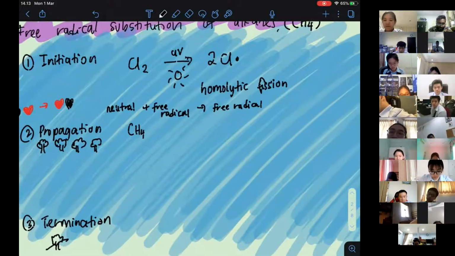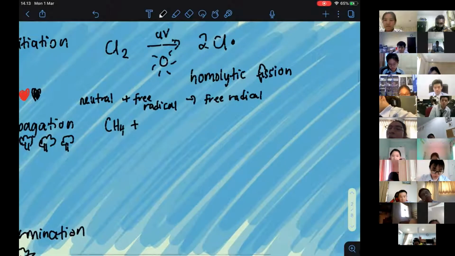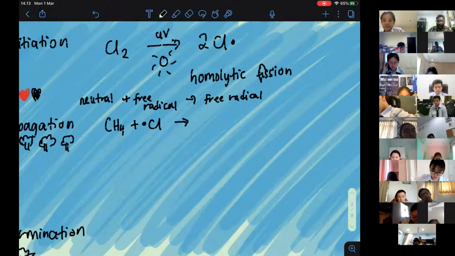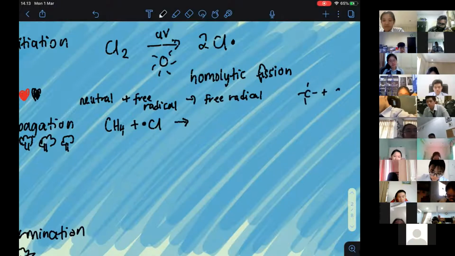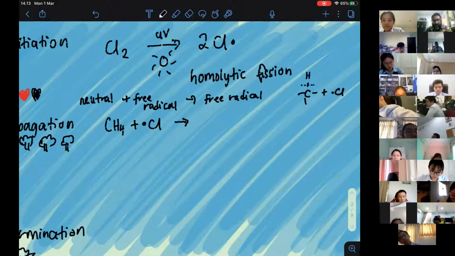You see the neutral over here is CH4. What is the free radical over here? It will react with the Cl dot. I just use Cl dot, so that is going to be the free radical. What will happen? If you have CH4 and you react it with the Cl dot, there is another homolytic fission between carbon and hydrogen.